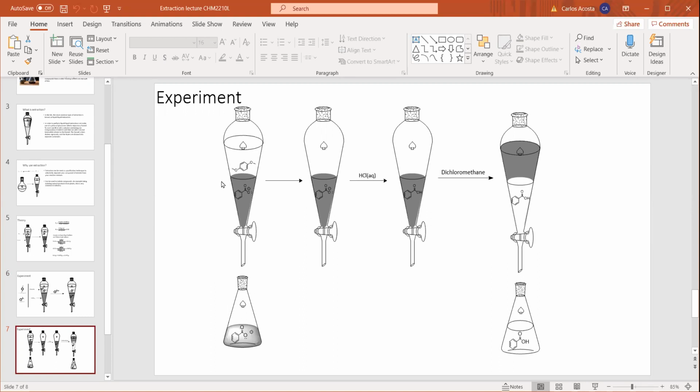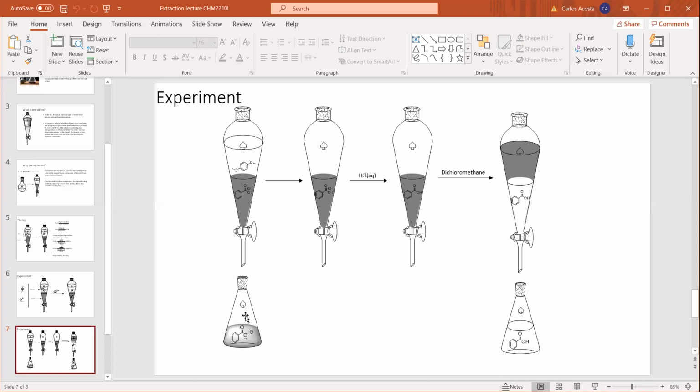And you already have your dimethoxybenzene separated, but you still have this benzoate, and we want to convert it back to benzoic acid. So what we do is we clean the separatory funnel, we add the solution back into the clean separatory funnel, the solution containing the water with your benzoate in it. Then we add a dilute solution of hydrochloric acid.